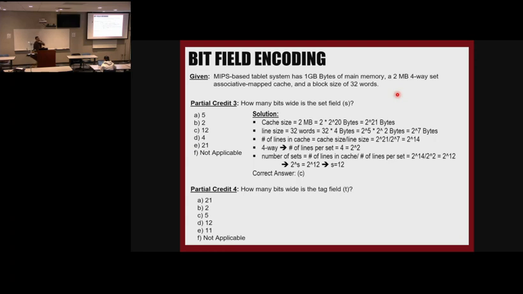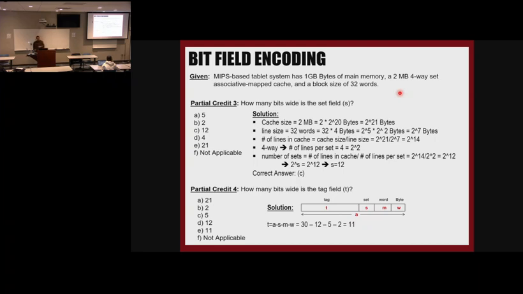Does it make sense? So this was a set associative mapped cache. What is the T? T is A minus S minus M minus W, which gives me 11. 30 minus 12 minus 5 minus 2 equals 11. Whatever is left is tag. So now I can design a fully associative cache and ask you the same question.